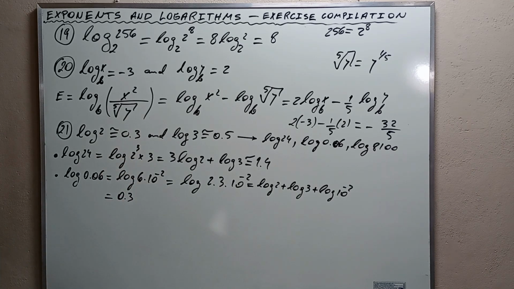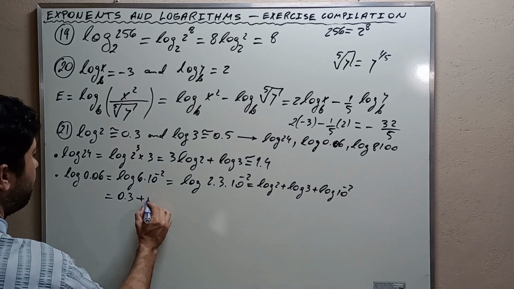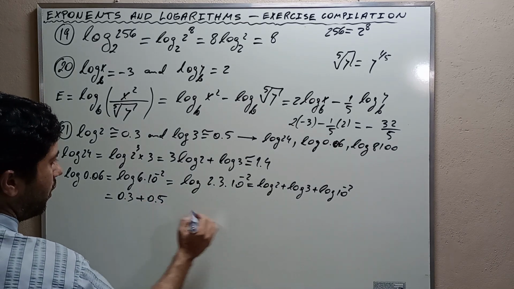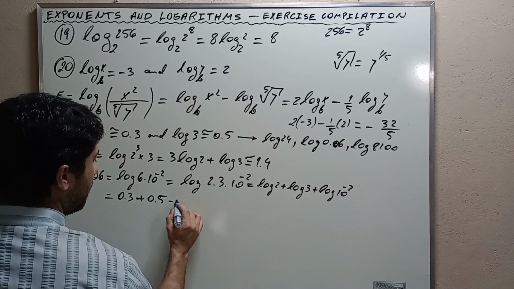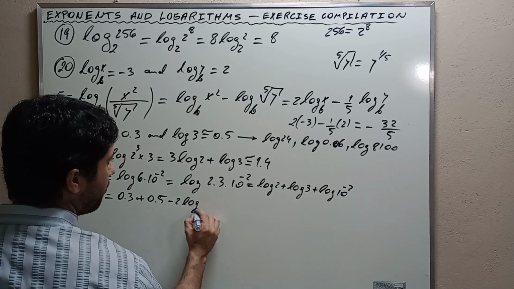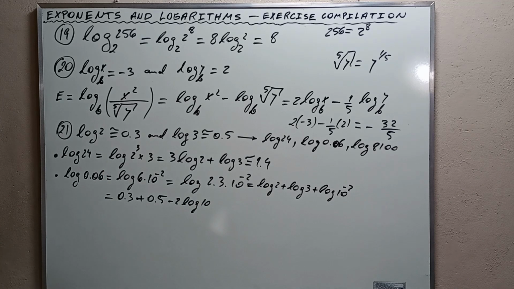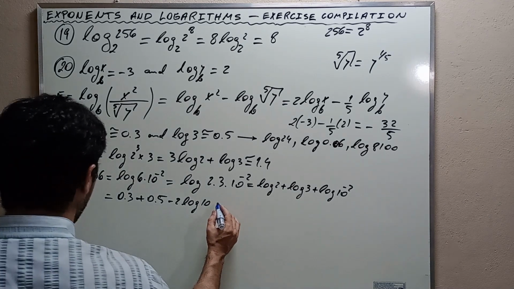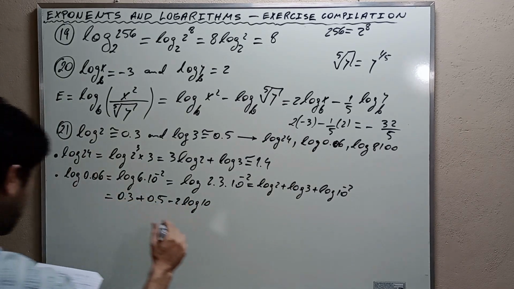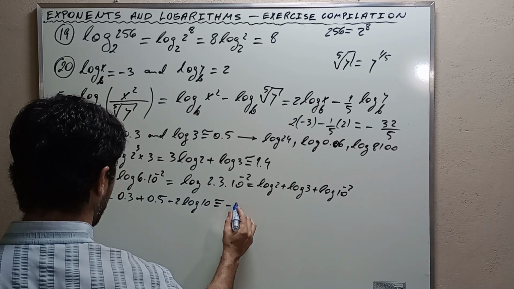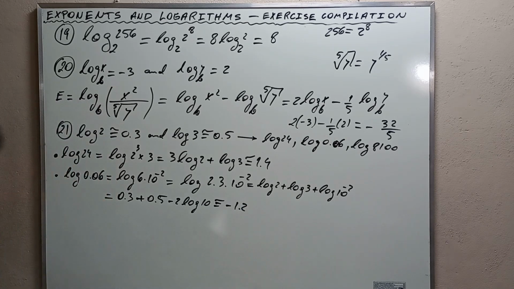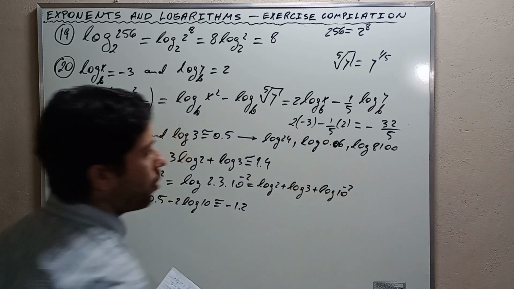The logarithm of 3, the exercise said it is 0.5. And using the property of the power, minus 2 times the logarithm of 10 base 10. The logarithm of 10 base 10 is simply 1. And then we find that the logarithm of 0.06 is approximately equal to negative 1.2.